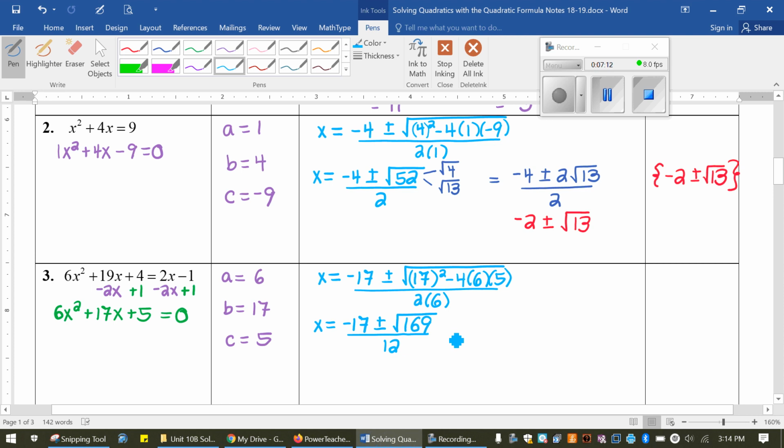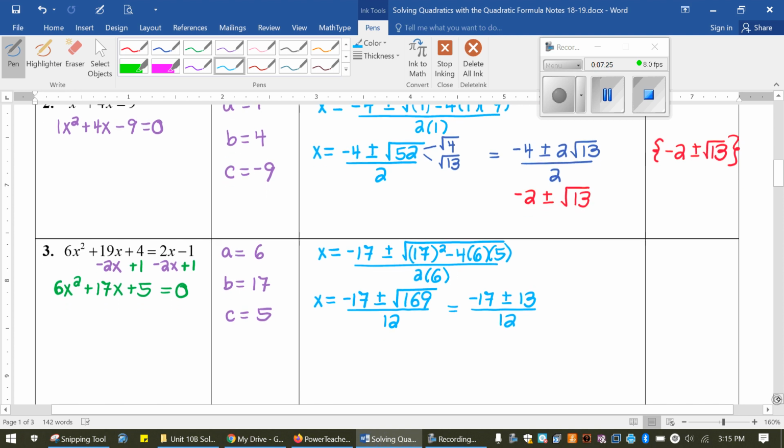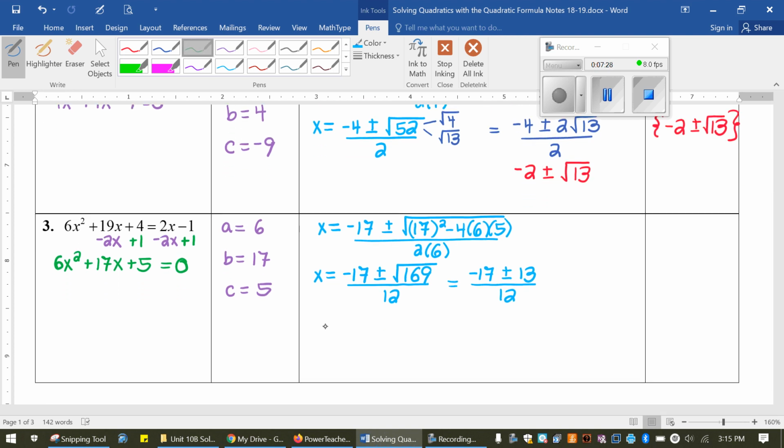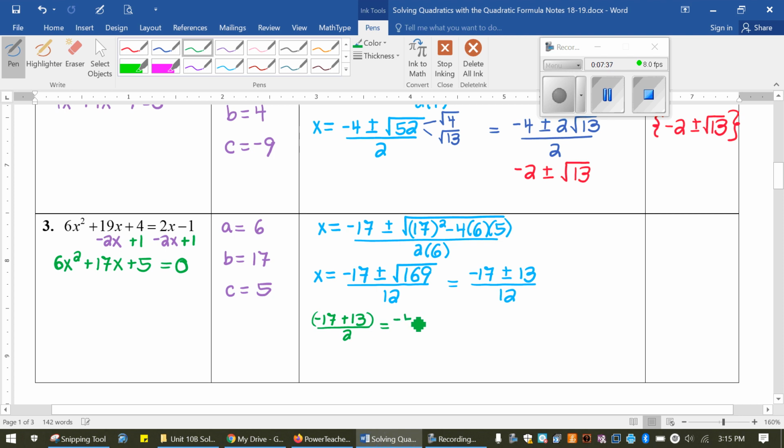We got another perfect square here. So negative 17 plus or minus 13, all over 12. Okay, don't leave it like this. We're going to have to simplify it like we did in number 1. So we have 2 answers. We have negative 17 plus 13, which is negative 4 over 12, which will be negative 1/3.